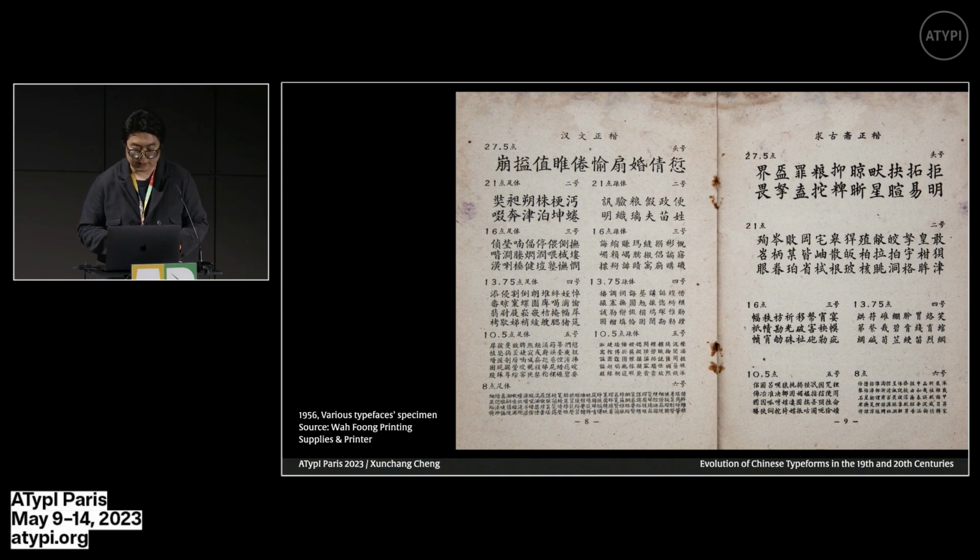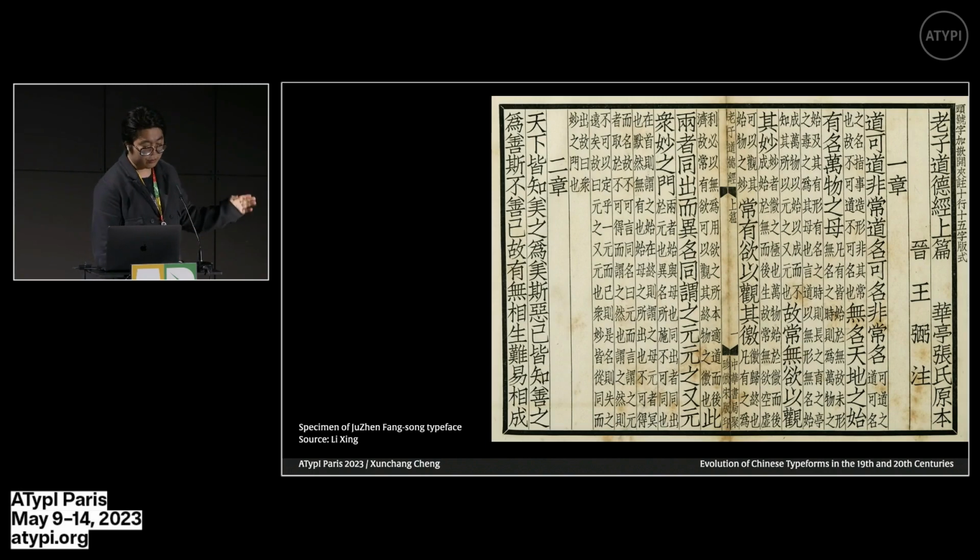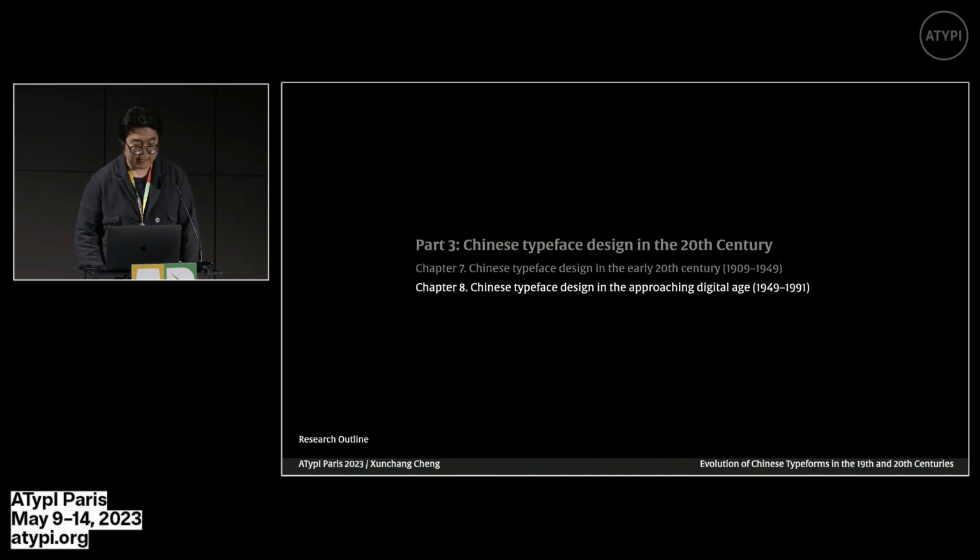They were used extensively in newspaper and book printing, which aroused national sentiment among the Chinese literati of the time. This led to the development of fonts like Hanwen Zhengkai, with fully Chinese aesthetics, and also the Juzhen Fangsong typefaces.